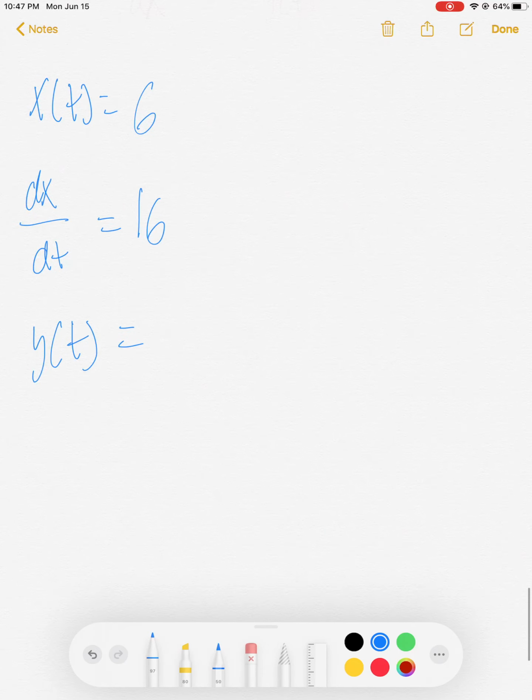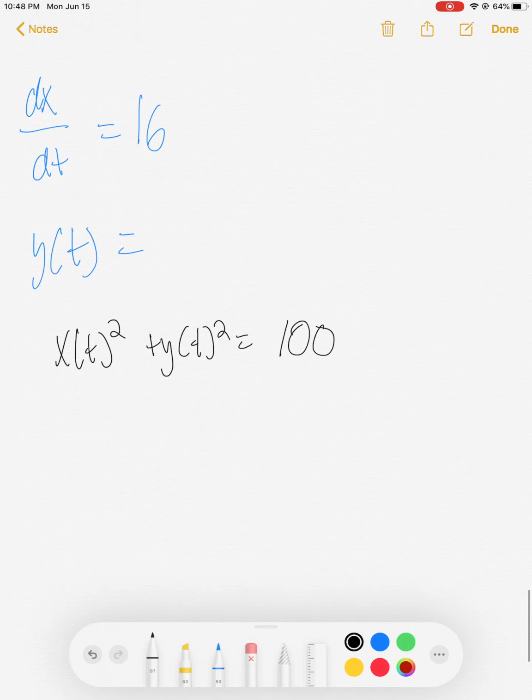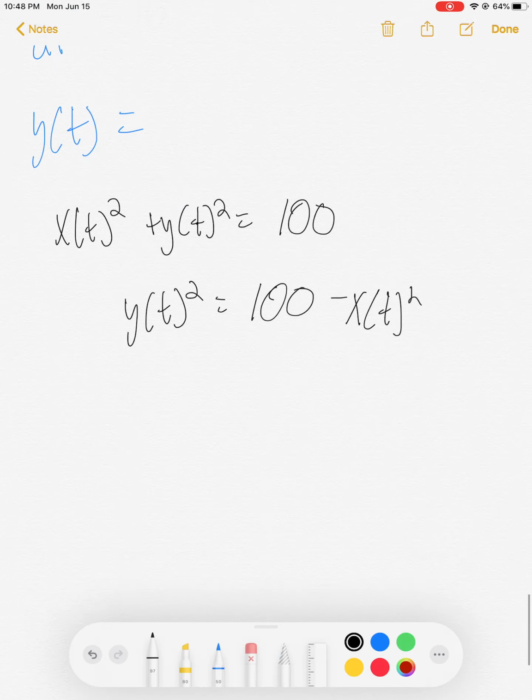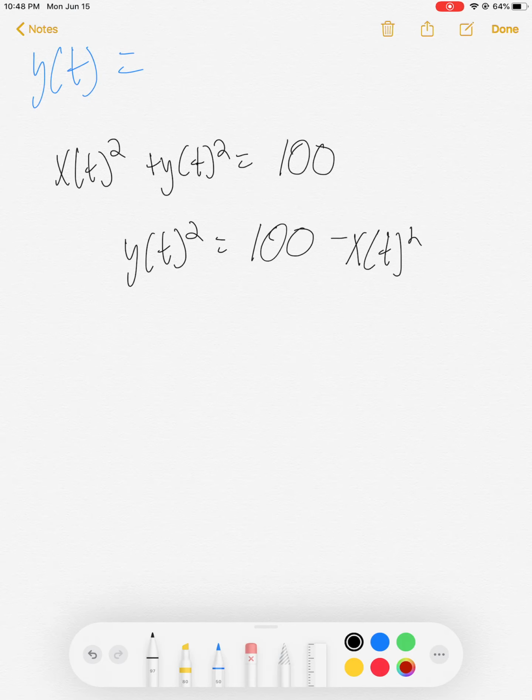Okay, so let's find y of t now. Hopefully this will be given to us. And unfortunately, they don't quite give it to us explicitly, right? I don't see it anywhere explicitly in the problem. However, we do know from our boy Pythagoras that x of t squared plus y of t squared equals 100. So let's jot that down here.